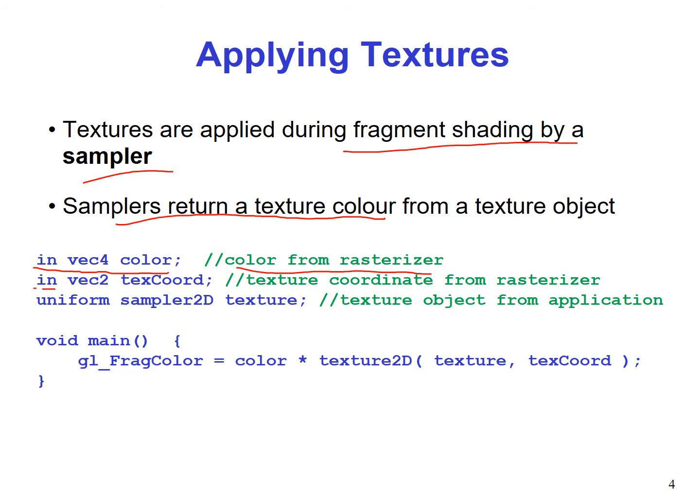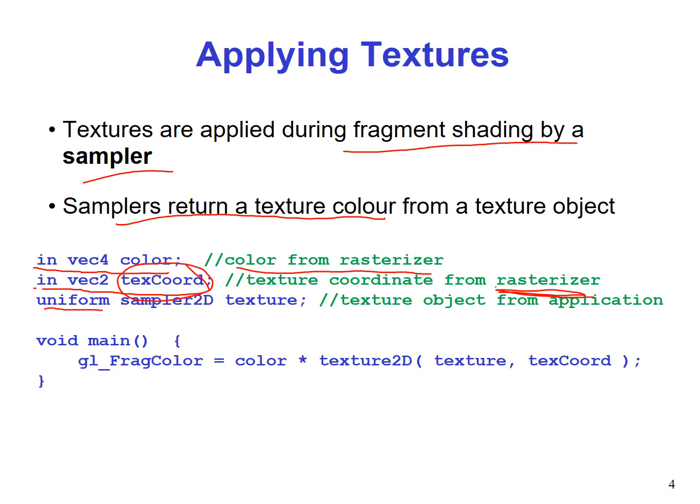We also have an in vec2 which contains the texture coordinates coming from the rasterizer. So even though we would have passed a few texture coordinates down the pipeline, the rasterizer would fill in and interpolate the rest of the texture coordinates.